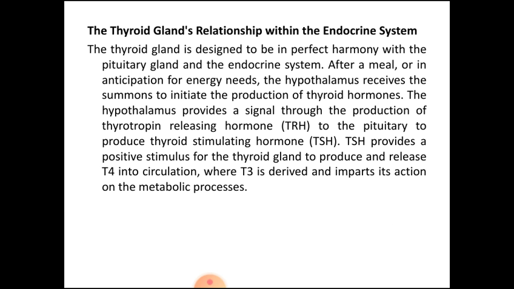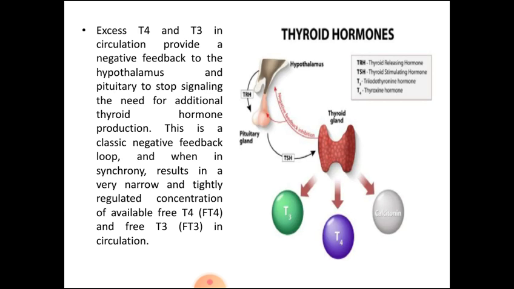So when excess T4 and T3 is in circulation, it provides a negative feedback to the hypothalamus and pituitary so as to stop signaling the need for additional thyroid hormone production. When there is excess production of T4 and T3 from the thyroid gland circulating in the plasma, some of them are transported by binding to albumin and thyroglobulin, and some are released freely.